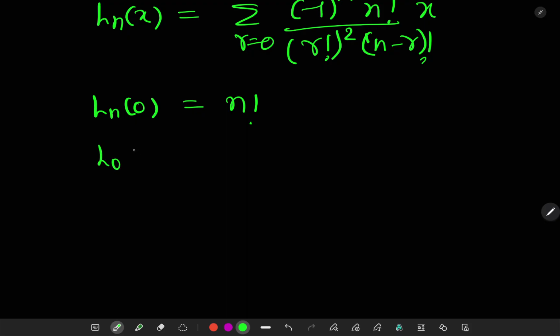For n equals 0, L0 x is equal to 1. For n equals 1, it becomes this.